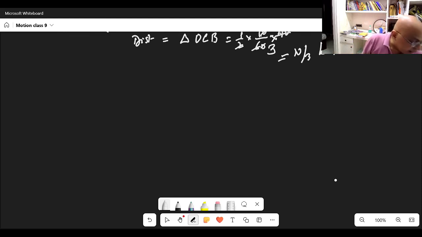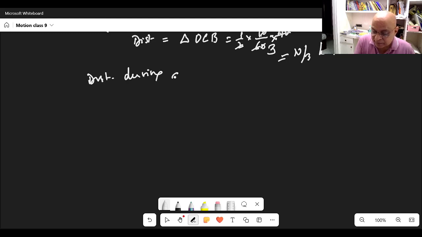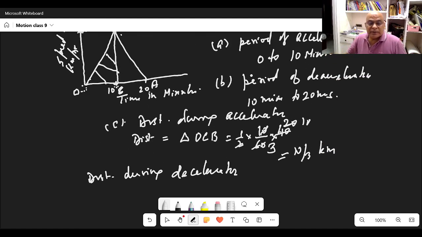Now next is, what is the distance covered during deceleration? Again, you can see, I am showing you the triangle first.